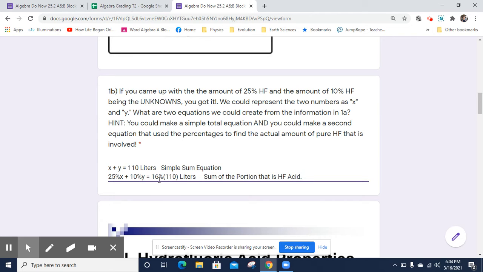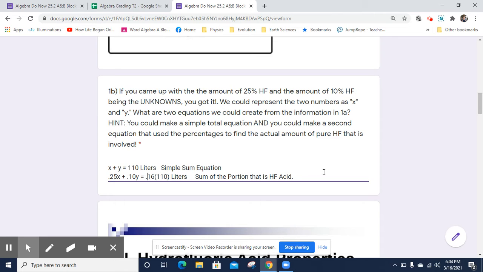We can, of course, simplify 16 times 110, and we could, if we wanted, turn that into 0.16 and 0.1 and 0.25, but then, you know what I'm going to end up doing? I'm going to show you what I'll do after that. You go way back in the Wayback Machine to the equations unit.